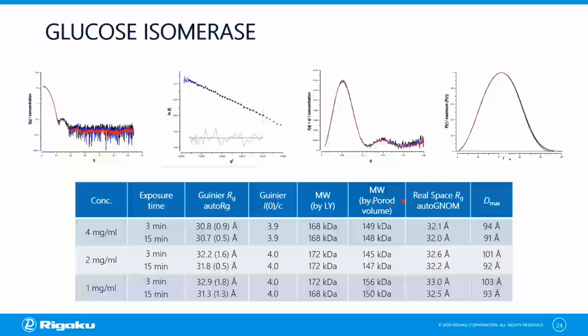We can also look at molecular weight and radius of gyration from some of the other analyses that we do, for example, the pair-distance distribution function, and we can look at the maximum length scale, which is around 92 to 94. So all of these are quite consistent with glucose isomerase. We do have some variation within these, but what we can say is we're very close to visualizing the form factor scattering for this molecule.